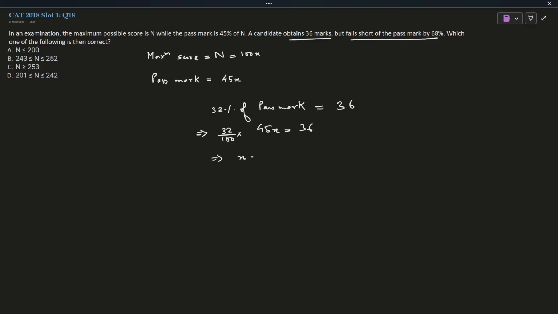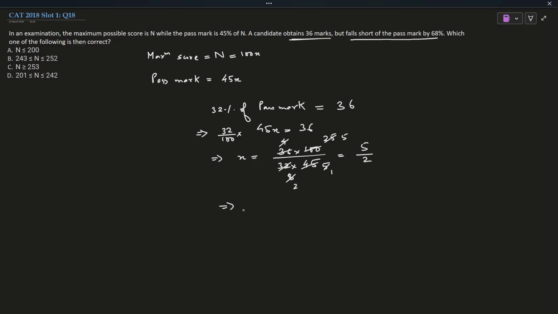From here I can say x is equal to 36 into 100 by 32 into 45. So this is 9 into 4, 9 into 5, 4 into 8, 4 into 25, which is equal to 5 by 2.